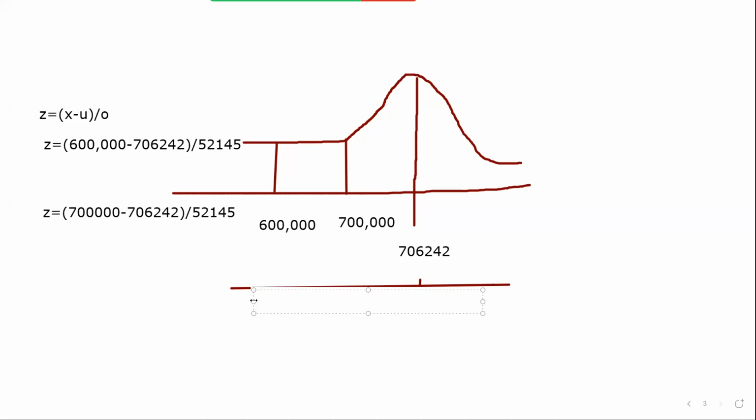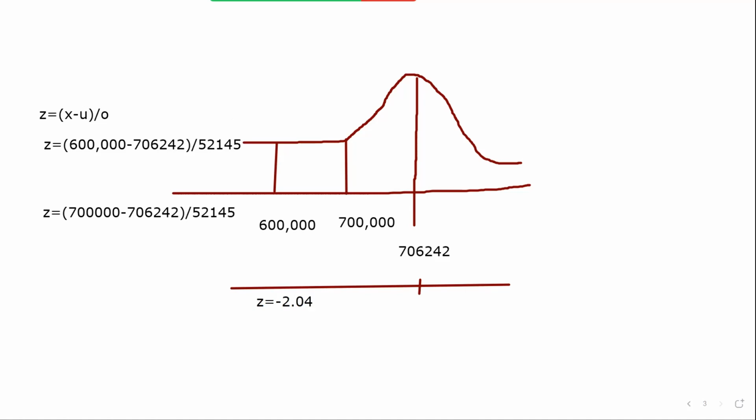Okay, this z-score here is negative. If I round it to two places, I get negative 2.04. Okay. Oh, I get it now. I'm gonna do the same thing for 700,000. And then we're gonna find the area between it. Okay. So let's go back to the calculator.